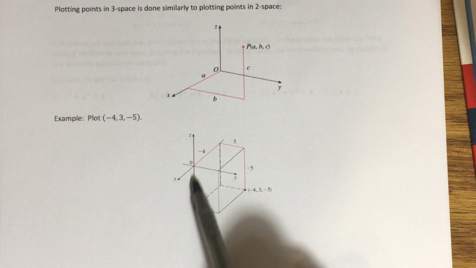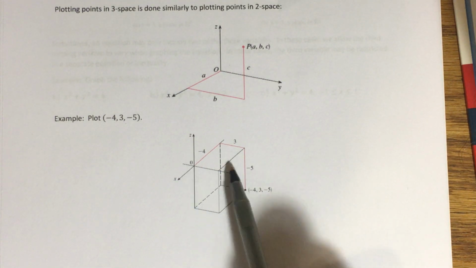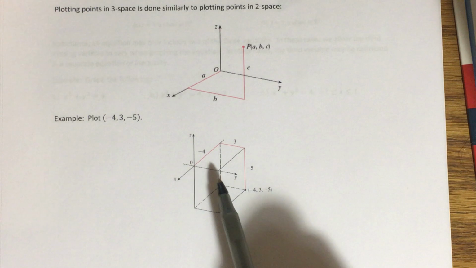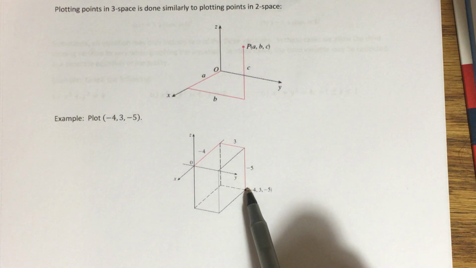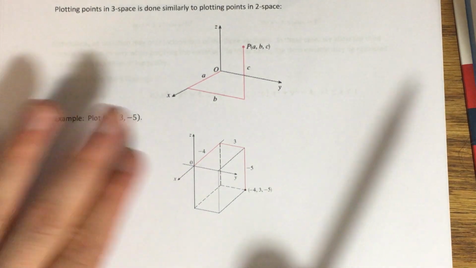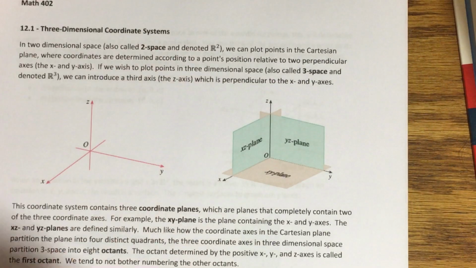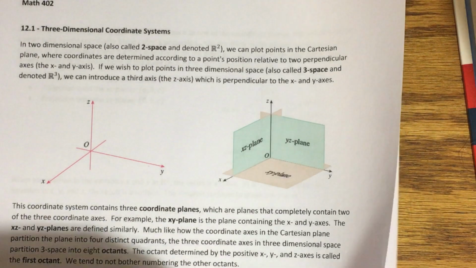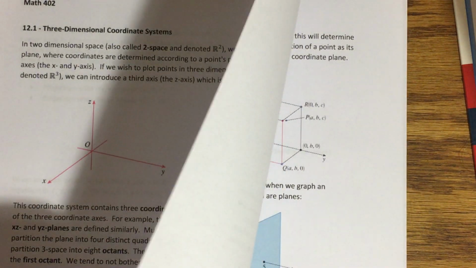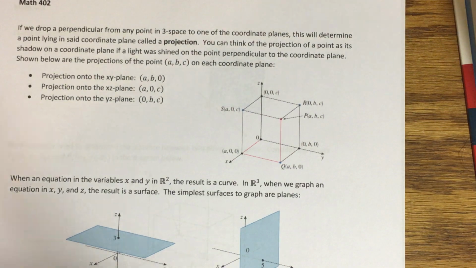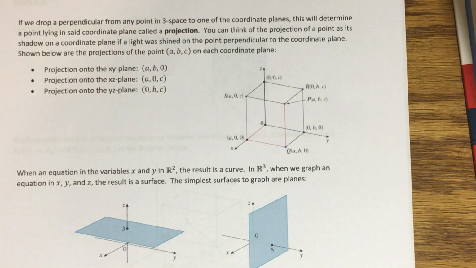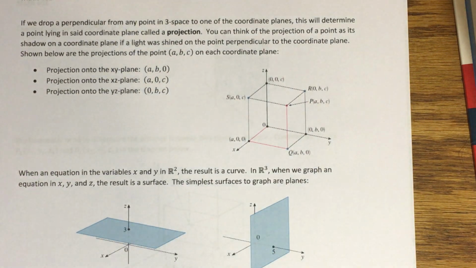And then again, these additional lines drawn here just give it a little bit more depth, so it's easier to see that that point is really the opposite corner of this box here. Okay, so that's a little bit on plotting points. It's fairly basic and straightforward, but especially if you're not artistically inclined like myself, it's sometimes tricky to draw in 3 dimensions, so it just takes a little practice.